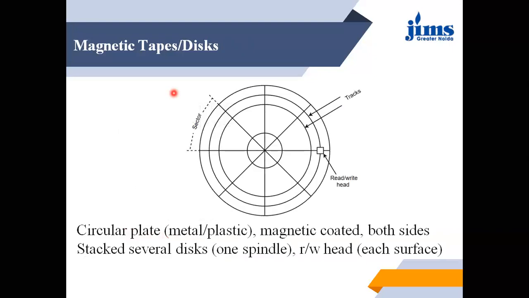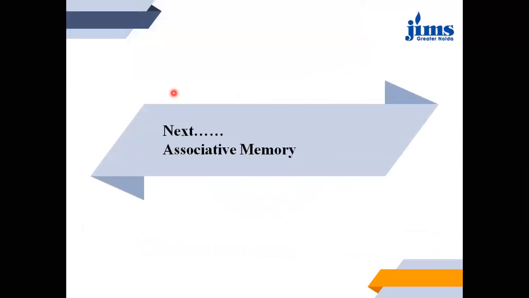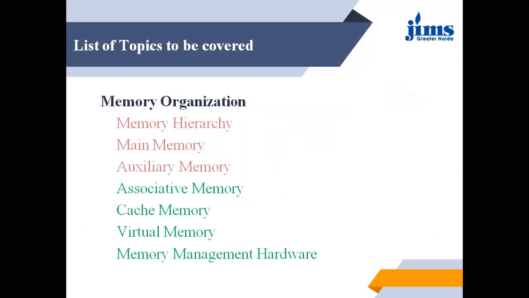Then we saw the construction, how the magnetic tapes and magnetic disk are going to be constructed, and what are the different procedures to implement that. So in the next lecture we will discuss associative memory.